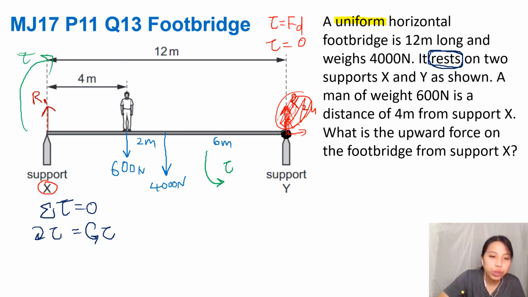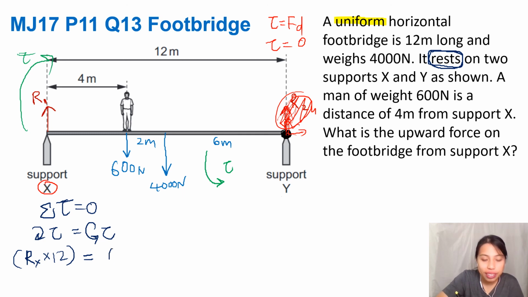So clockwise torque should be R at X. Let me just change that. Rx times the whole length, 12. Only one force. Wow, okay. One force to support everything. Good. Then the anti-clockwise.